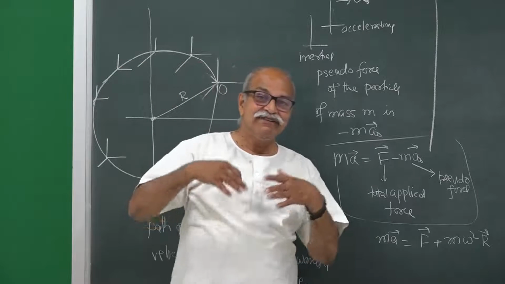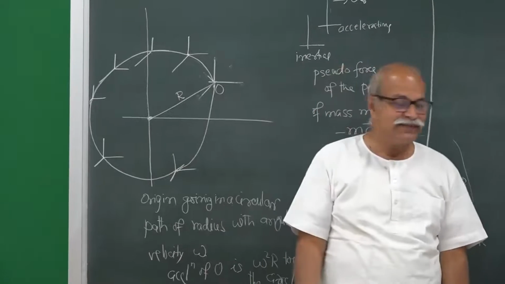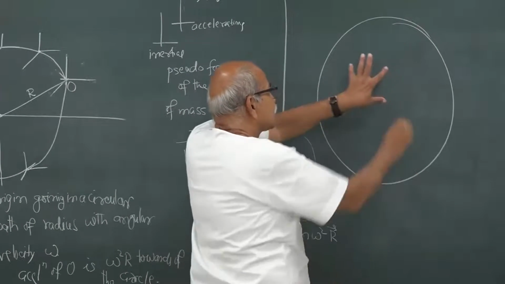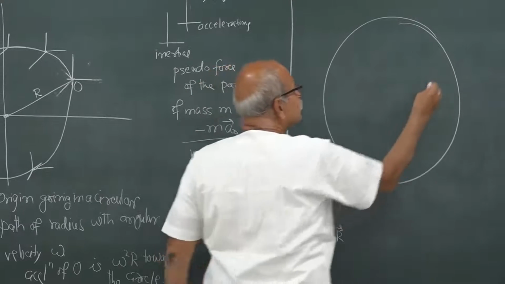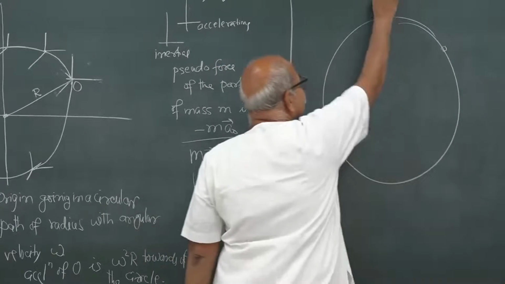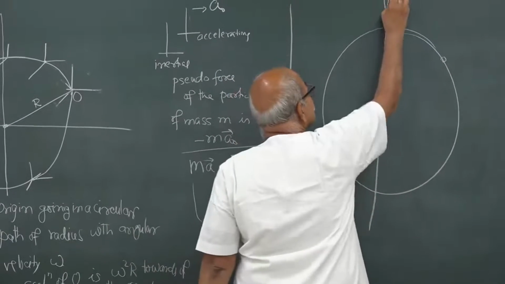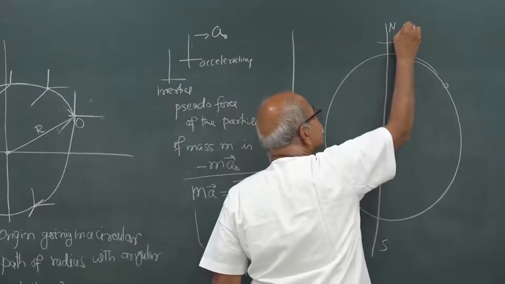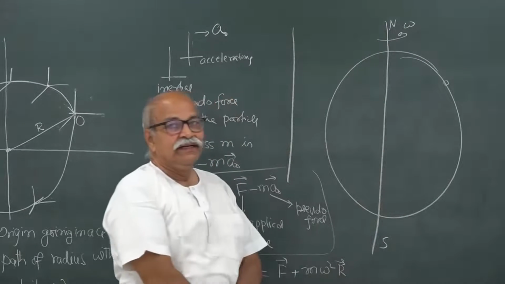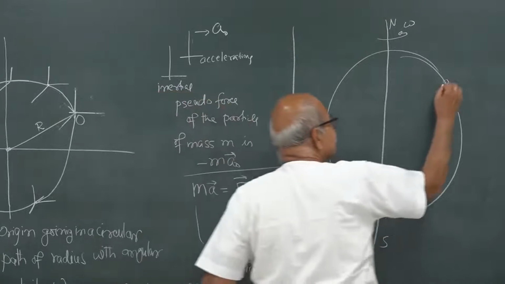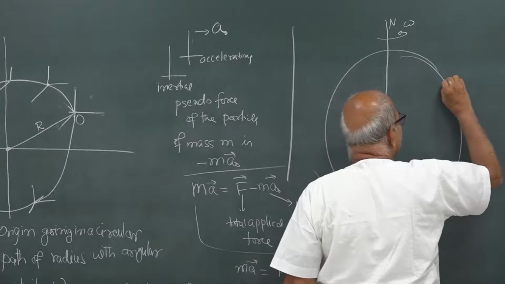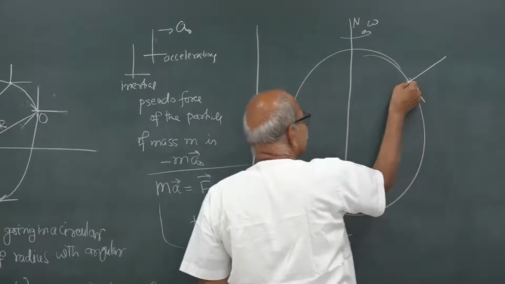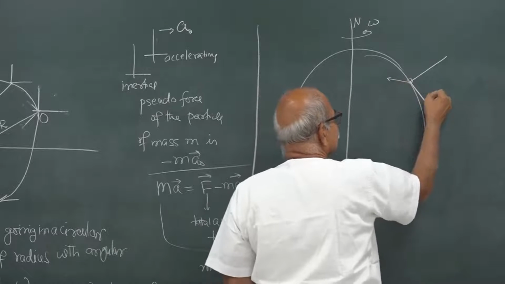And then once again we come to the Earth's frame of reference. If we have Earth and we are somewhere here, I can always reorient. This is the axis of rotation, geographical north south, and this is the rotation. In that case, our origin is here and we fix our axis system this way.